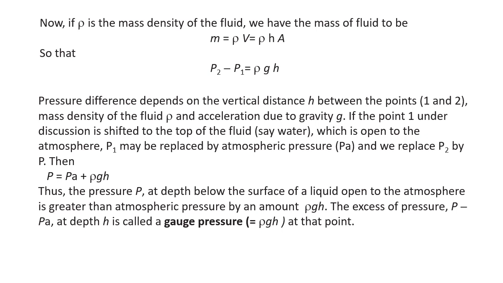Thus the pressure P at depth below the surface of a liquid open to the atmosphere is greater than the atmospheric pressure by an amount of rho gh. And this excess pressure, rho gh, is known as gauge pressure at that point.